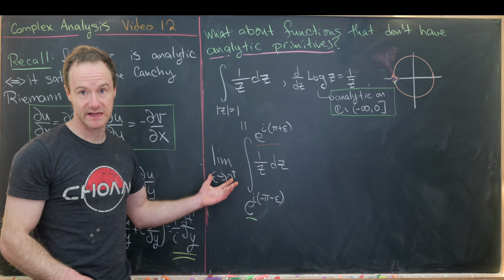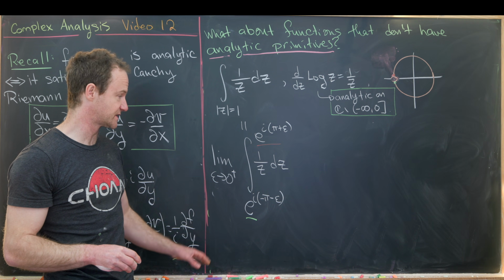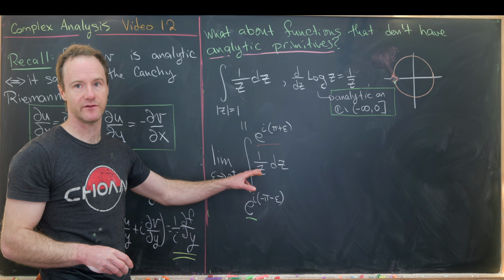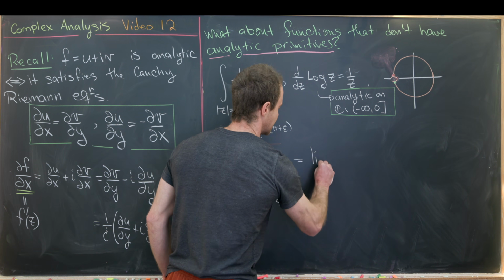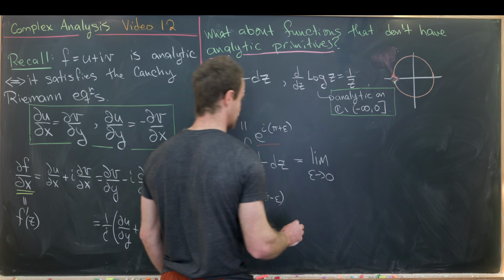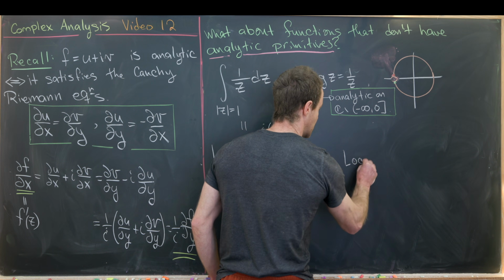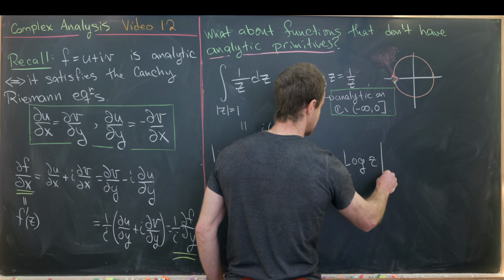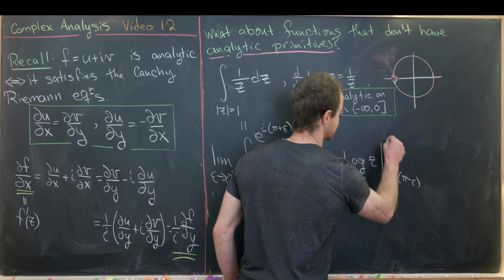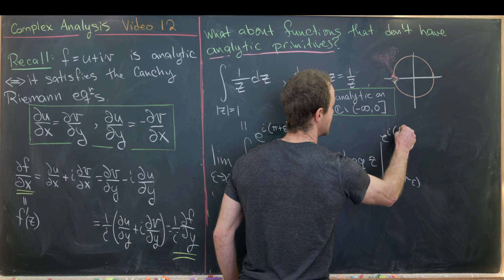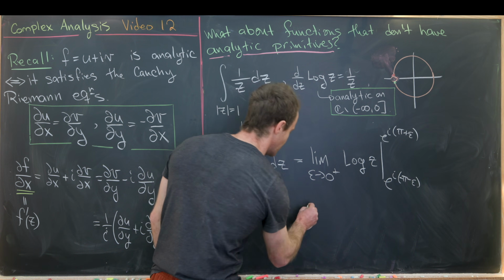So now, like I said before, we can use the fundamental theorem of calculus for analytic functions: just take the antiderivative, or the primitive, and plug the two endpoints in. That gives me the limit as epsilon goes to 0 from above of the log of z evaluated between e^(i(-pi + epsilon)) and e^(i(pi - epsilon)). Now let's see what we get.